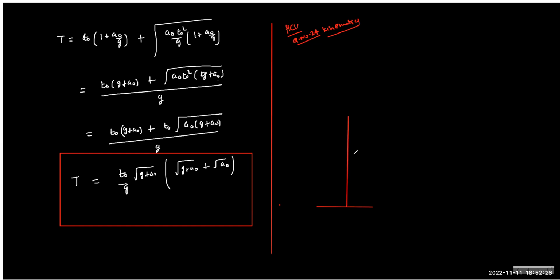If your acceleration is a naught, and you start from rest, what will be your displacement in time t naught? Tell me. If you start from rest, your initial velocity is 0. You accelerate upward with an acceleration a naught for time t naught. What will be your displacement in the upward direction?